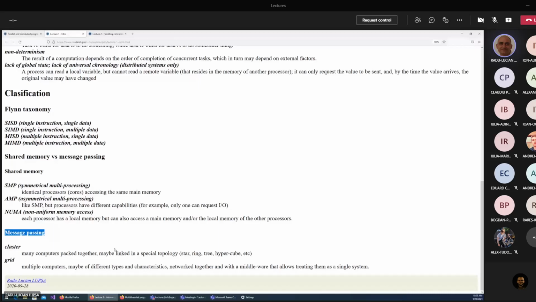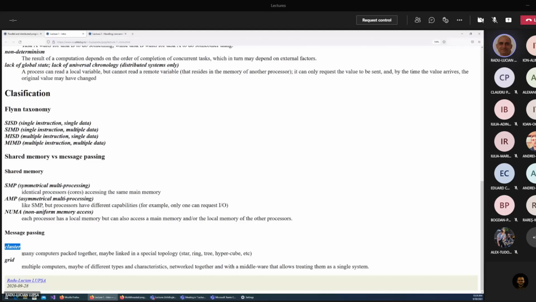And here again, you have cluster computing and grid computing, where the term cluster is used when you have multiple computers that are connected, but they form a special device. So the connection between them is specially designed to be very quick.